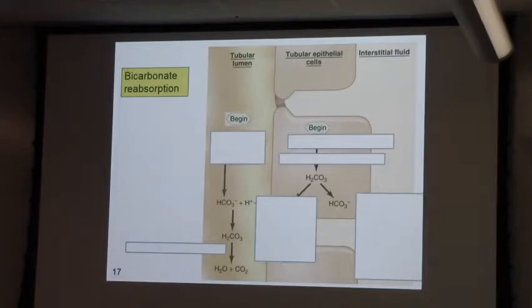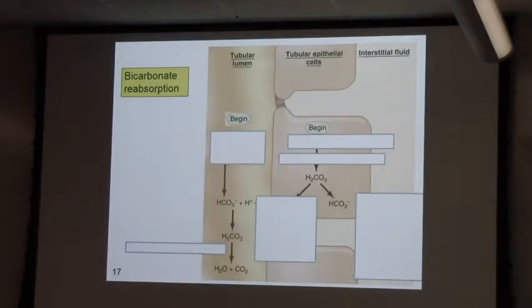How do we begin here? There's two ways to begin this story. I prefer to begin it here. What do we need to think about here at this beginning? In the tubular lumen, what do we begin with when we're talking about bicarbonate? Filtered bicarbonate, right? Bicarbonate is a solute in plasma.